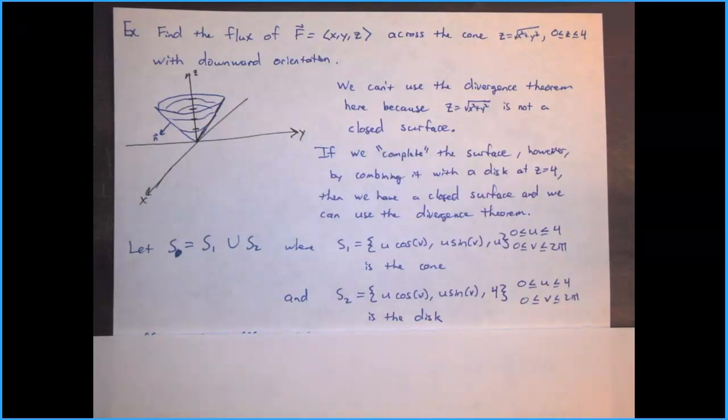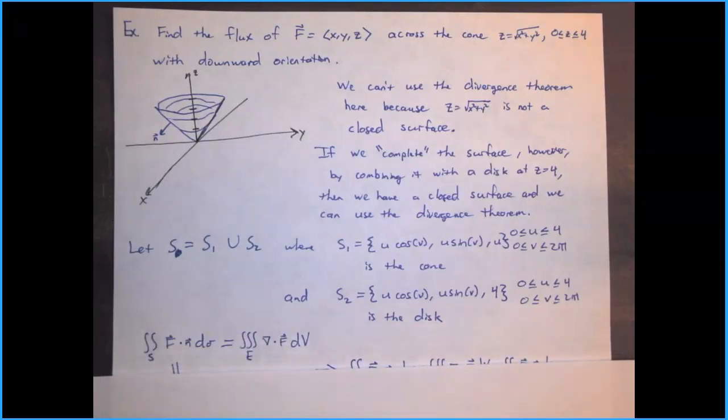Now once we have this surface S, we can use the divergence theorem, where the divergence theorem is saying that the flux across the entire surface is equal to the triple integral of the divergence inside the region that surface is bounding.